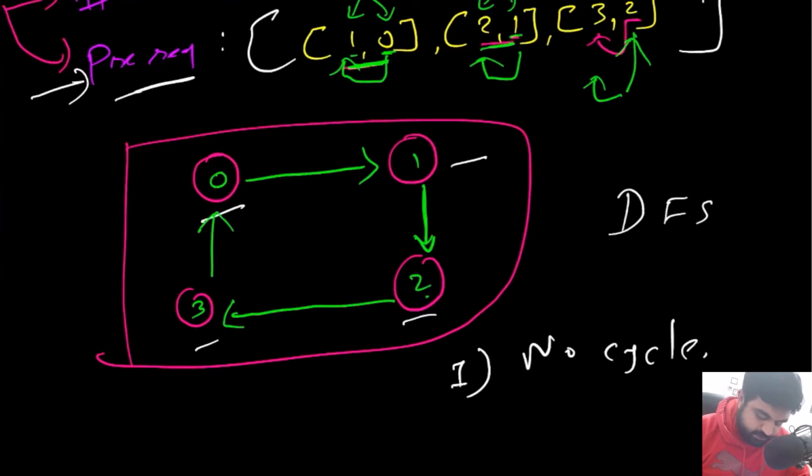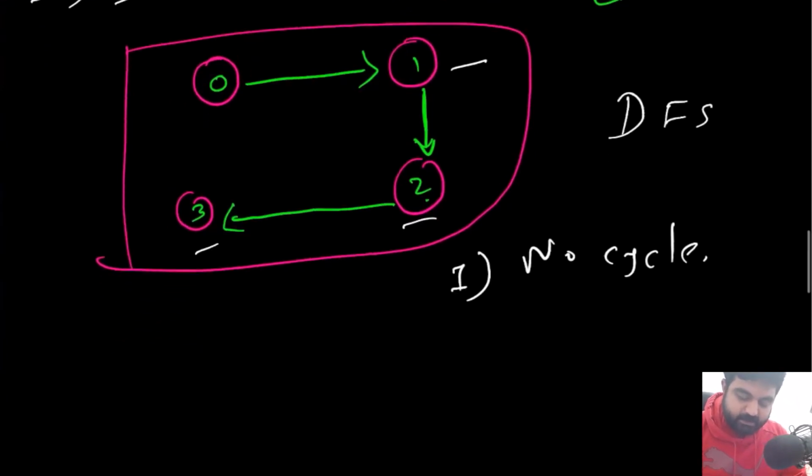Say for example, in this case, if we are given an additional edge that looks like this, then we have detected a cycle, and because we have detected a cycle, there is no way for us to complete all the courses. So definitely in this case, we will have to return an empty array. But lucky for us, in this case, we are not given a prerequisite that looks like this, right? So we found no cycles.